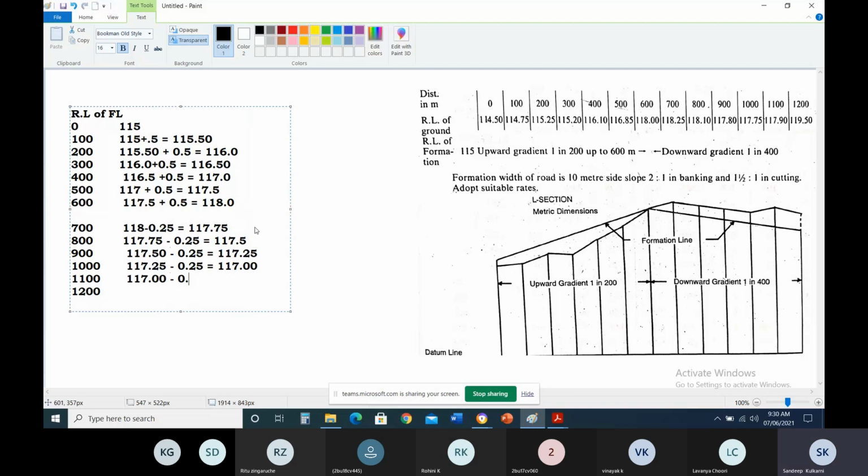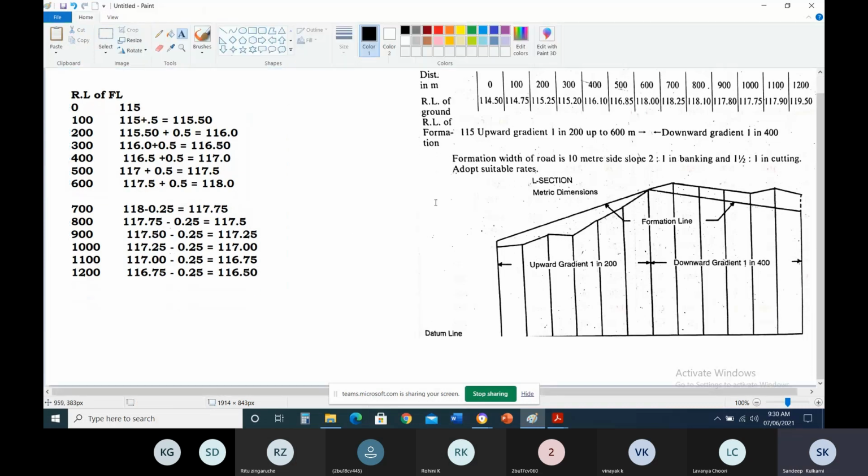So very simple it is. I'm just showing all these values. Minus 0.25, the last one is 116.50. Okay, so these are the FL values, how I got them.